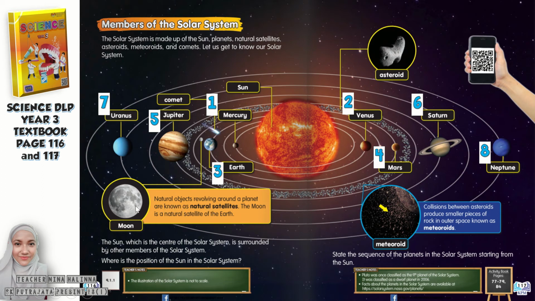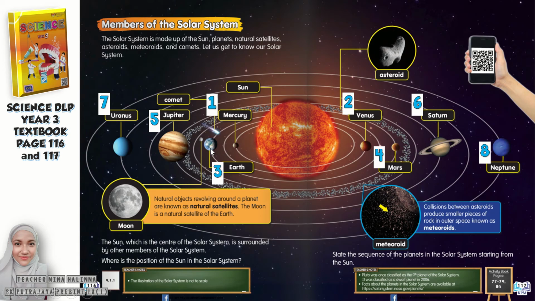So the moon is not a planet because the moon actually revolves around the Earth. So whatever object that revolves around a planet, we call it a natural satellite. Okay?